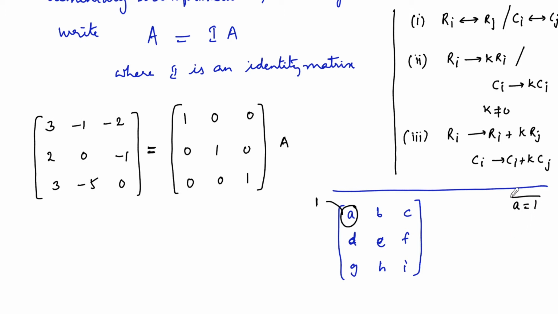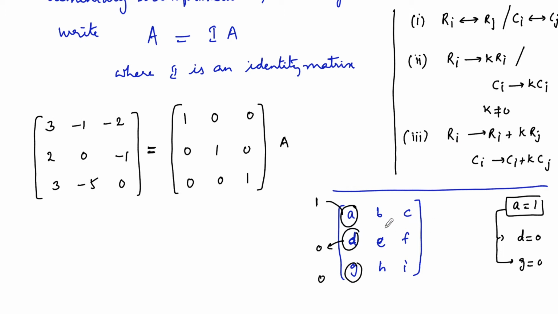And now by using a = 1, try to make d = 0 and g = 0. Means these two elements, try to make them zeros. First you have to make a = 1, then you use a = 1 to get d = 0 and g = 0 by using row operations.